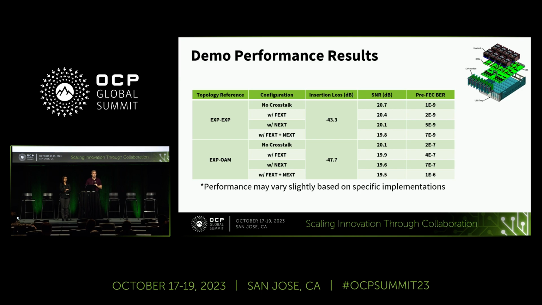It's pretty clear that the expansion module to OAM links have significantly less crosstalk. We're able to go a little bit further. But in both cases, we're able to achieve very impressive BER, much better than what we see as a requirement for the Ethernet spec. And we feel like this gives a pretty strong vote of confidence to implementers looking to choose this solution.